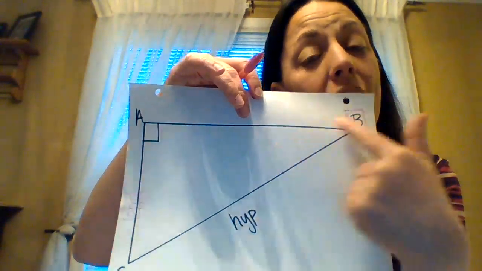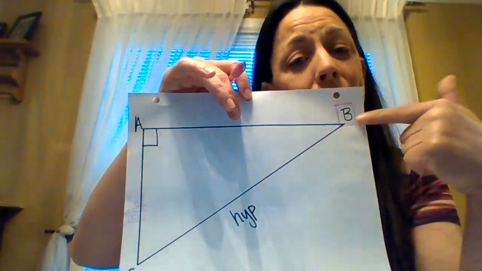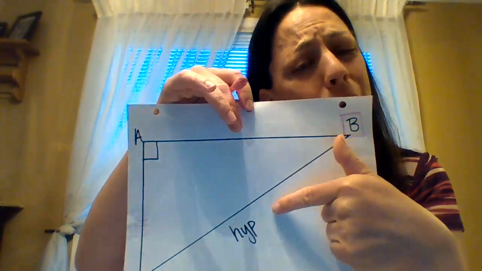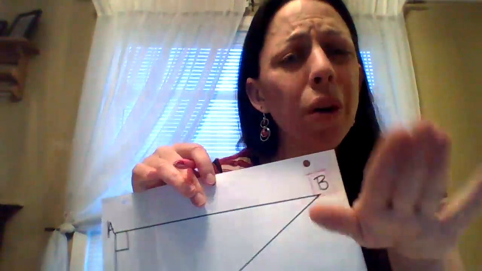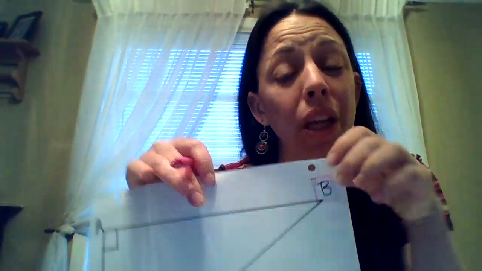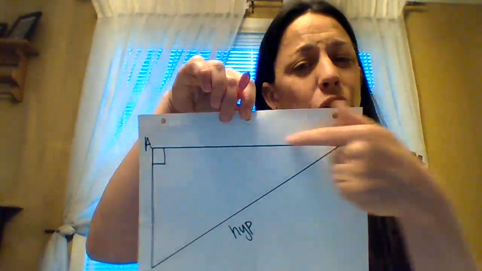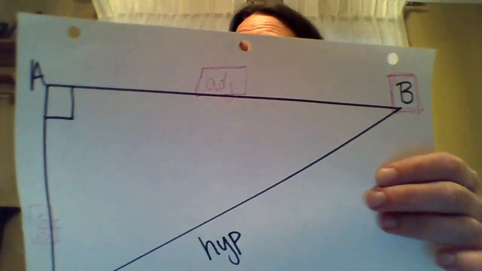And then what's next to it? Now here's the funny thing. The adjacent leg is the leg that's next to it, but hypotenuse is always also next to B. But since it's the hypotenuse, we don't give it another word. We just leave it as hypotenuse only. So the only other leg that would be next to B is this leg right here across the top. So next to, remember, is our low key word to remember, but adjacent is what we want to use. So would you agree that with angle B, and this would be a point where you would pause your video and say, hey, Miss Jabs, I'm not understanding, all right?